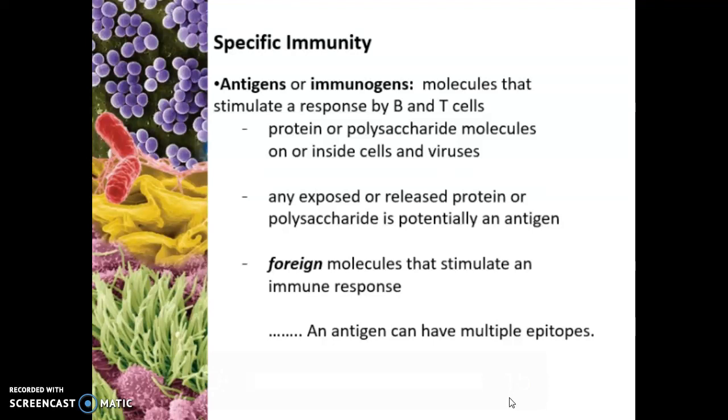If you were to paint your hand and then put it against a piece of paper, you have a handprint. But part of that handprint, you have fingerprints that can be used for identification purposes. So if you think about that, your handprint is the big picture. Your fingerprints are part of that handprint, but they're also their own entity. And so in this case, the antigen would be the entire handprint, while the epitopes would be the individual fingerprints.